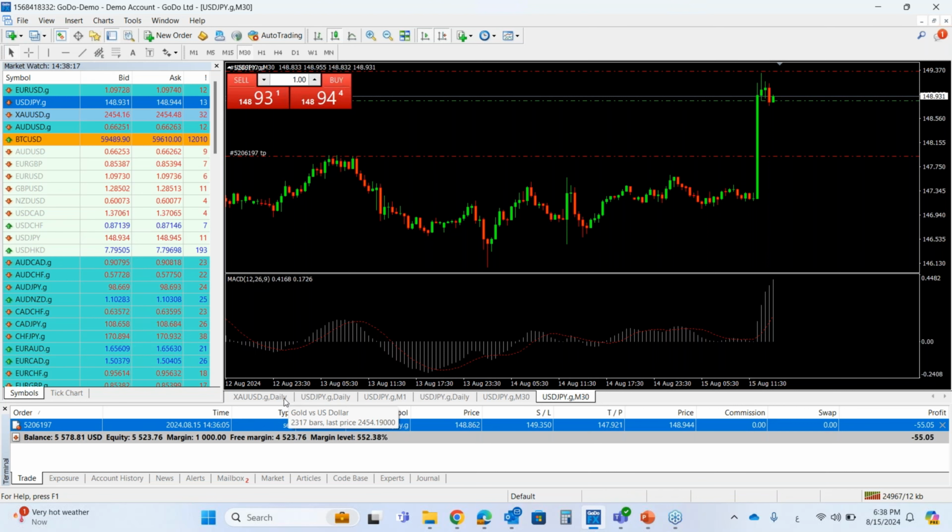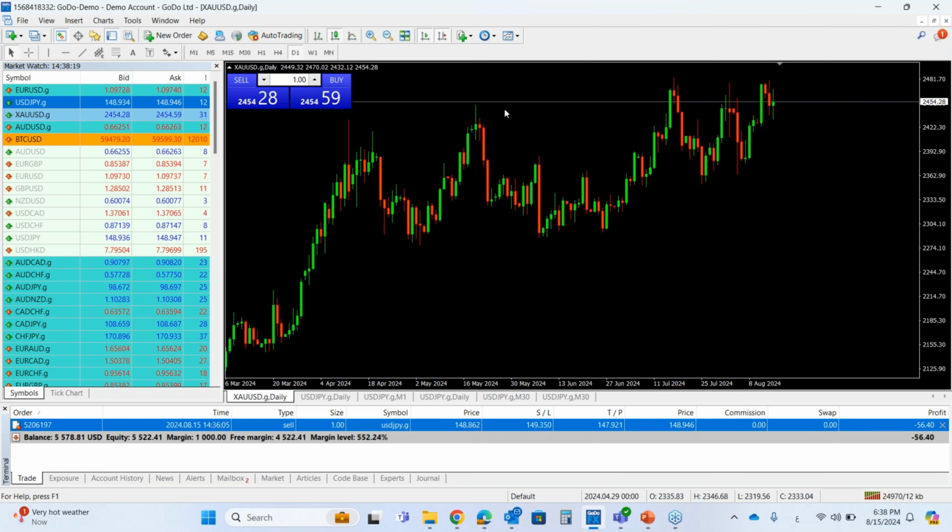If you have any more questions. Okay, someone asked about gold. Of course, everybody wants to predict gold prices. Okay, let's move on to gold. Because of the political tension we have now in the world, in the Middle East, we are seeing that gold is going up. This is the daily chart.